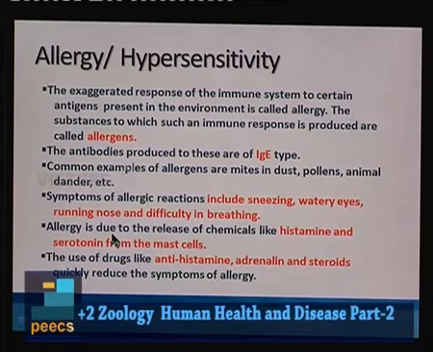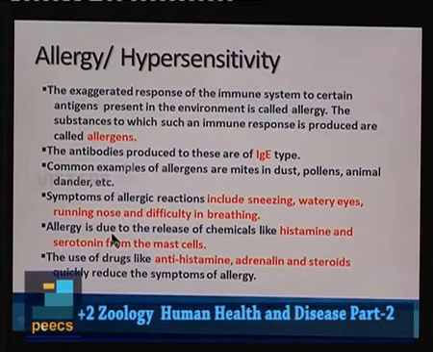You might have noticed in allergic situations there will be itching on the skin, and also rashes will develop on the skin. All these symptoms of allergy are due to the release of histamines and serotonin from a type of cells called mast cells. Mast cells are present in connective tissue.